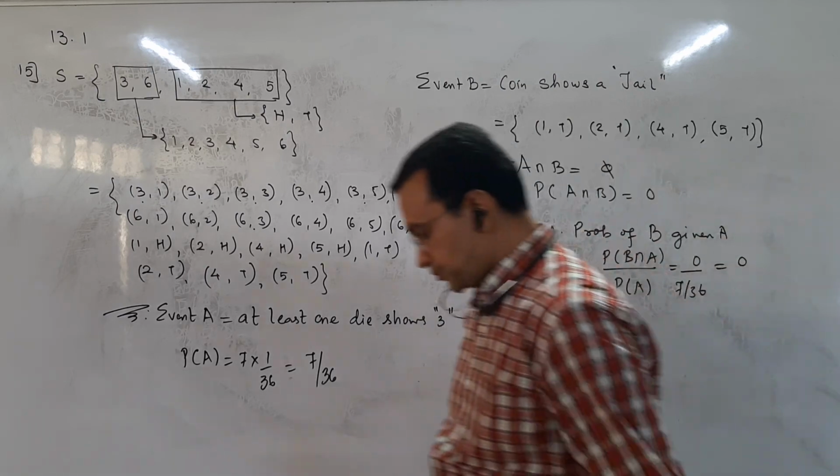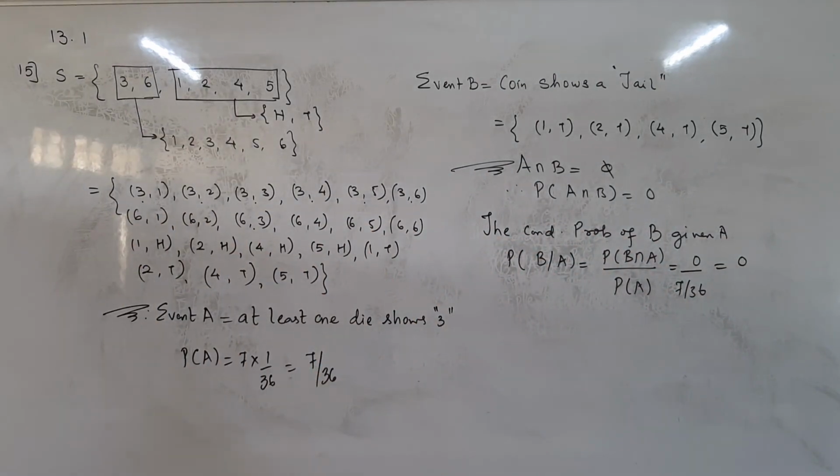So 0. Once again, understand here, students, that the pair of numbers has probability 1 by 36, and the pair of number and either head or tail has probability 1 by 12.